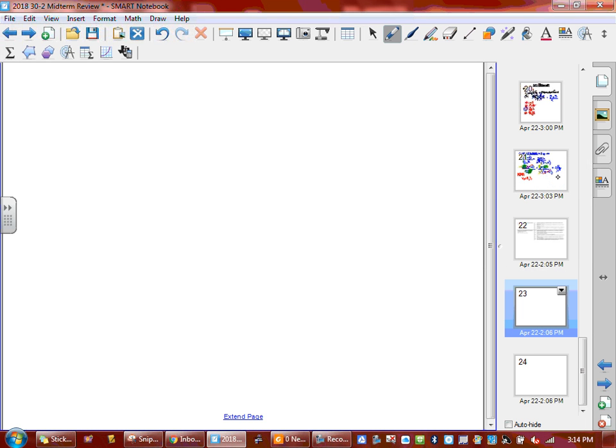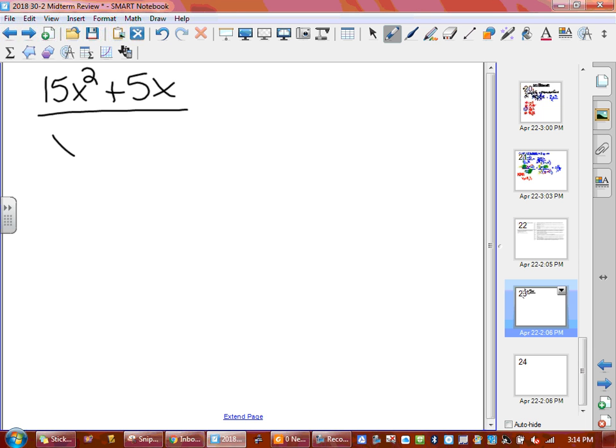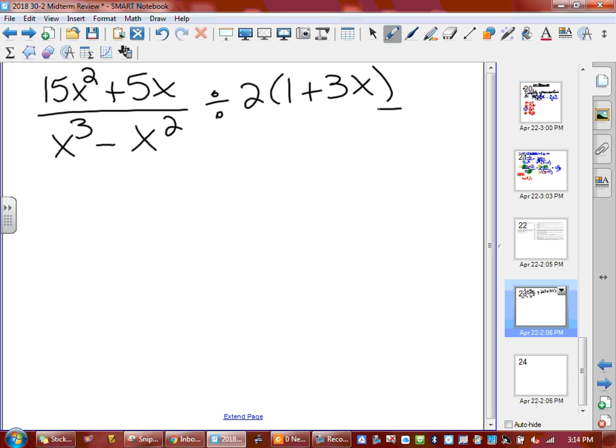Let's go with 15x squared plus 5x all over x cubed minus x squared, divided by 1 plus 3x all over x plus 1. All right. So half is factored, half is not. And we have to be able to flip and times.